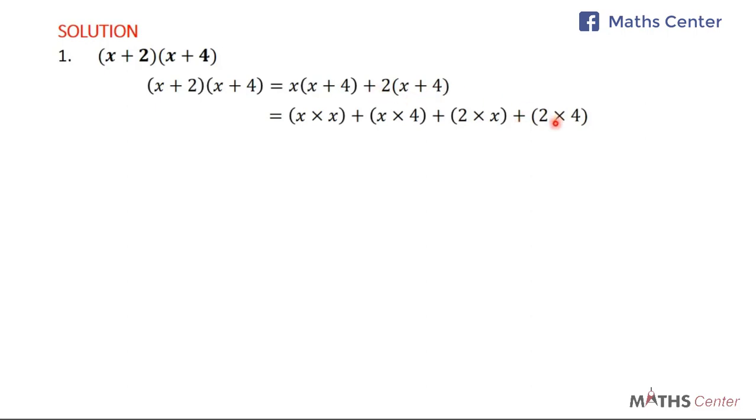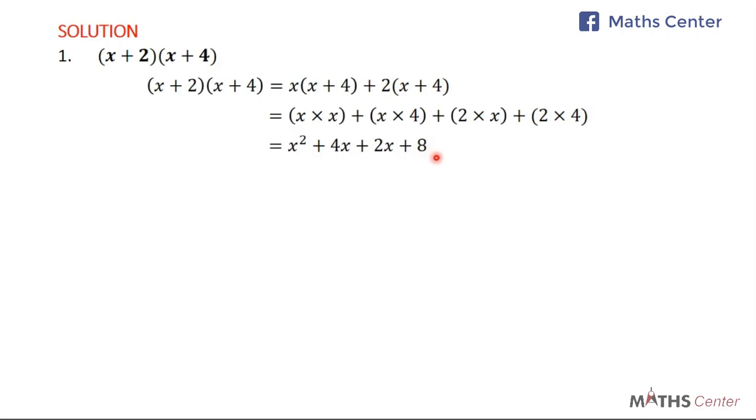We've seen from multiplication of algebraic expressions that x times x gives us x squared, x times 4 gives us 4x, 2 times x gives us 2x, and 2 times 4 gives us 8.